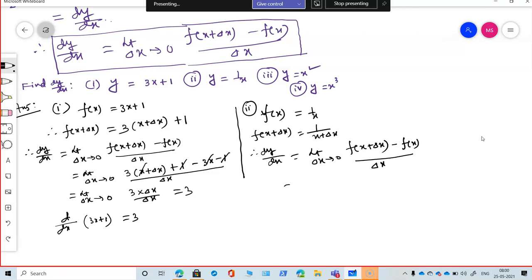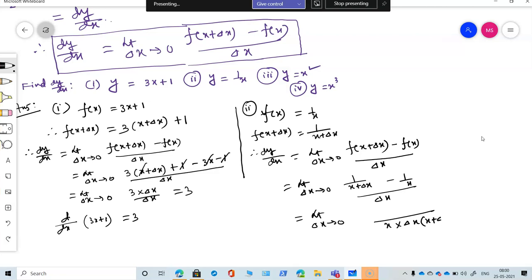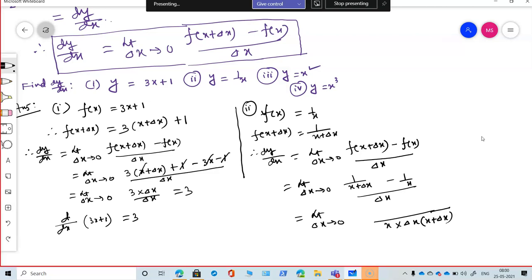So this is going to be limit delta x tending to 0, f of x plus delta x, you substitute there, 1 by x plus delta x minus 1 by x, by delta x. Okay. So this is limit, that will be x into delta x, x plus delta x.